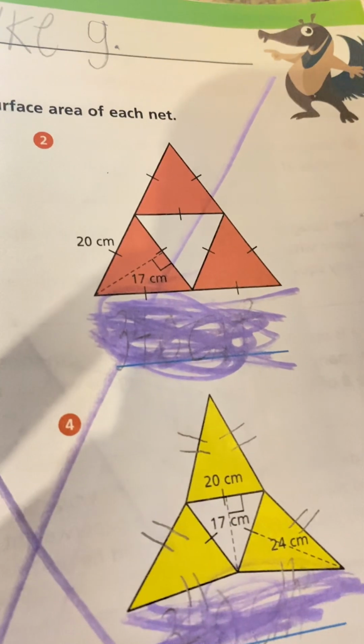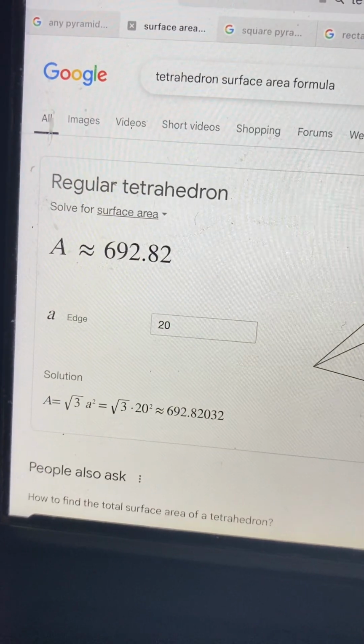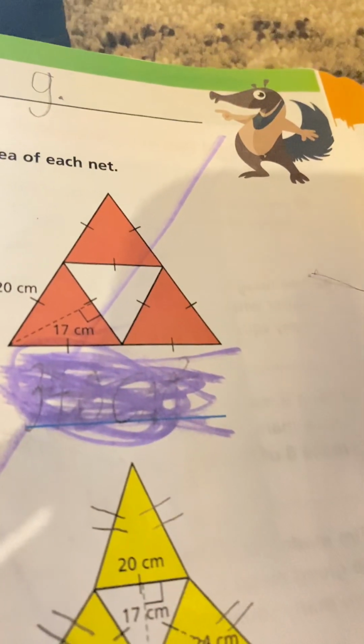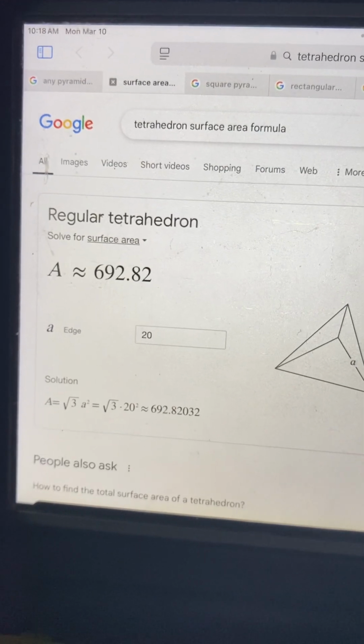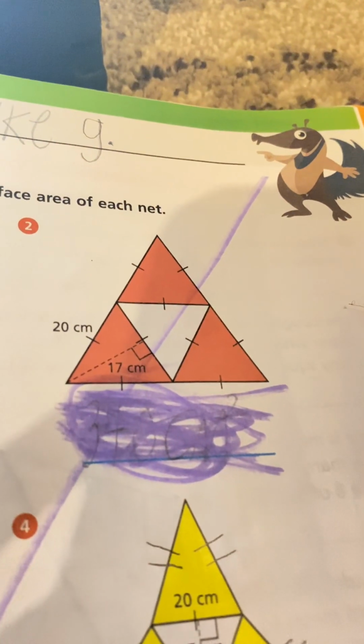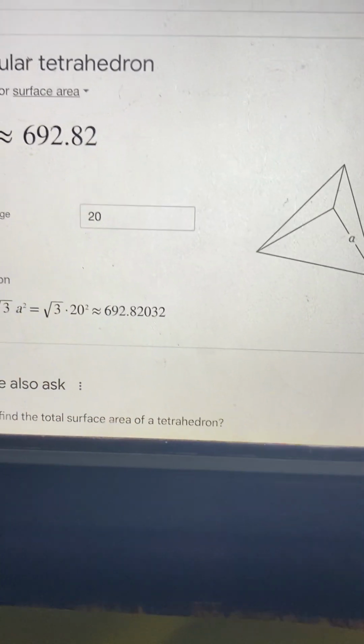If we multiply that by 4, we should get an answer that is close to this, but not actually this answer. We get a different answer because we're not finding the surface area of the actual pyramid, but rather its net. So for a tetrahedron, you simply do the square root of 3 times a squared.